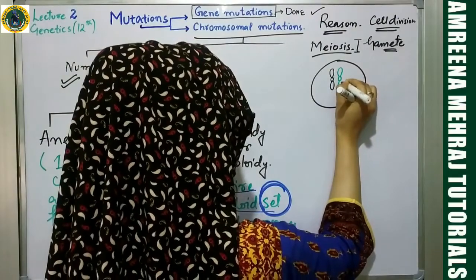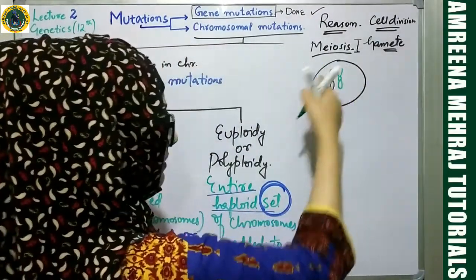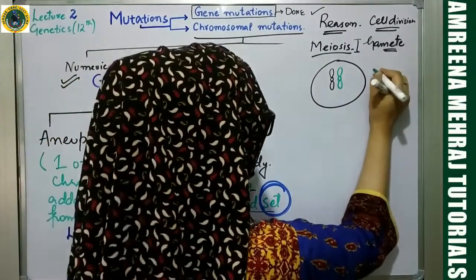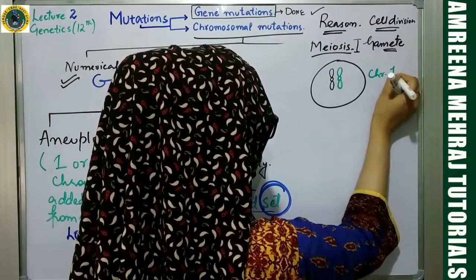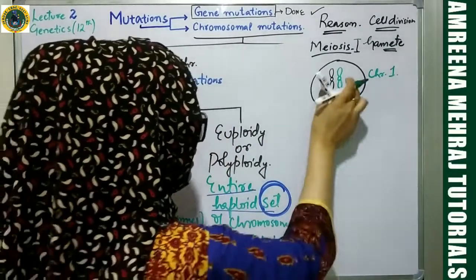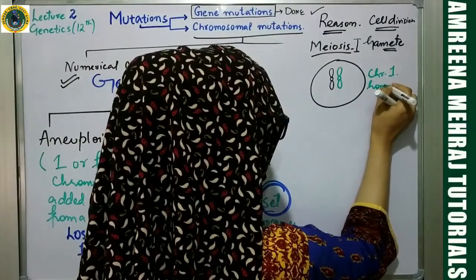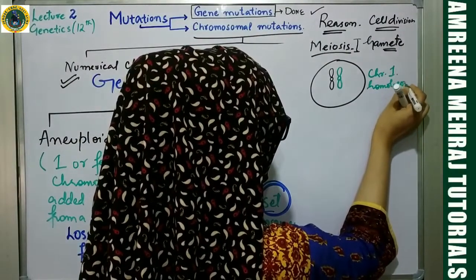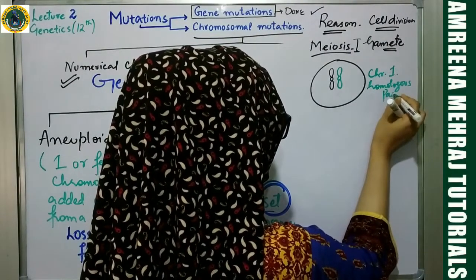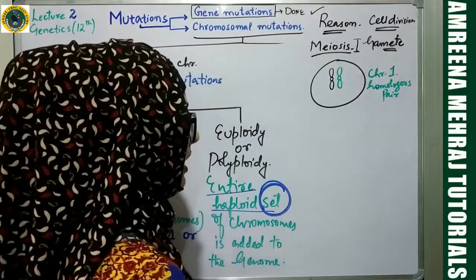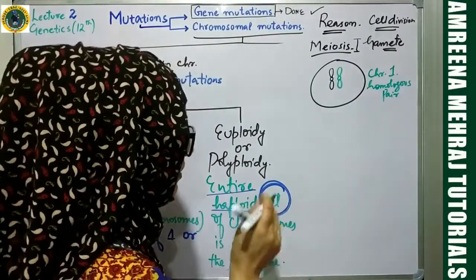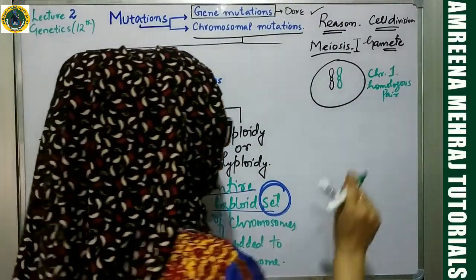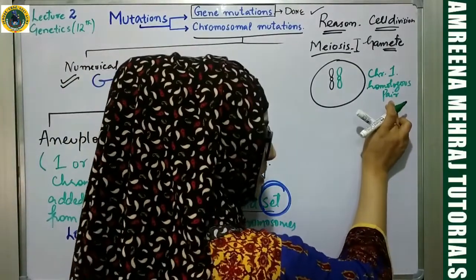Suppose this, which is on the board right now within a cell, represents your chromosome number 1. It is a homologous pair. You have understood this in class 11th meiosis, but let me make you understand once again in a nutshell.